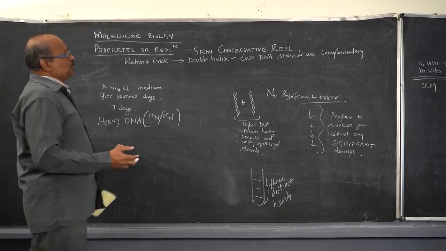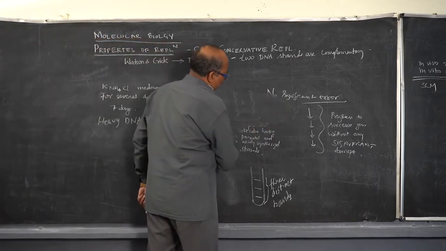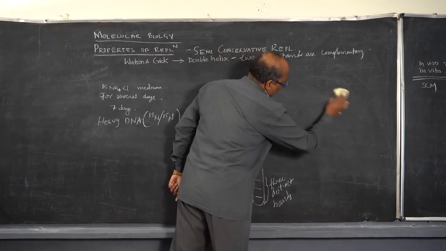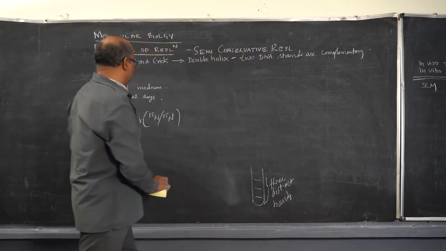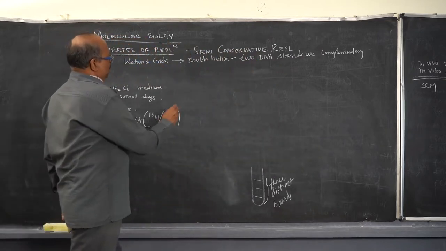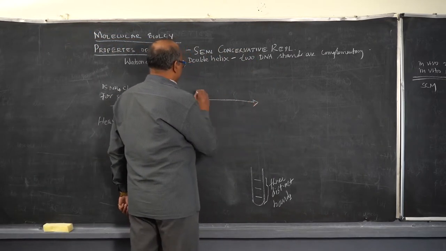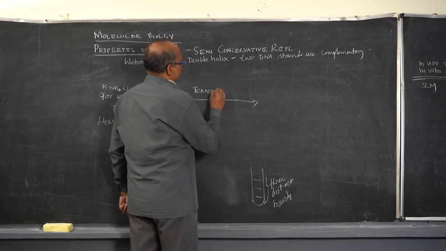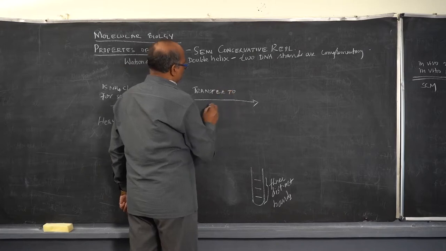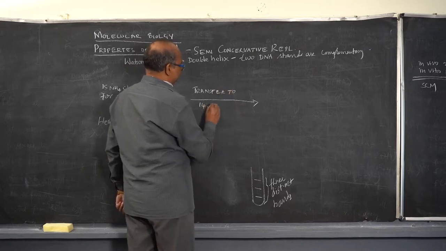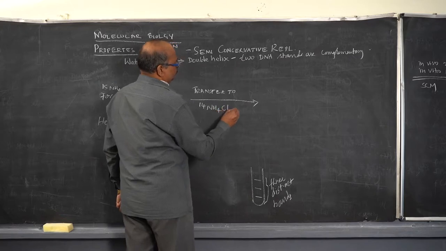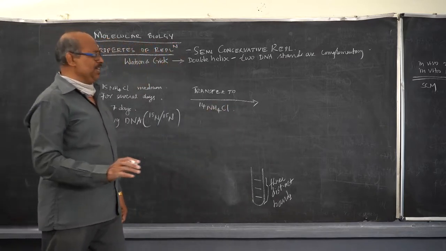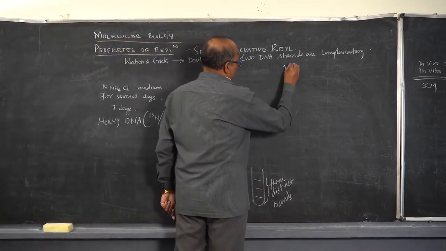After this, you transfer to a light nitrogen medium to see what happens in terms of the nitrogen accumulation. So transfer to the lighter nitrogen medium. After transferring, you wait for 40 minutes. So one generation is completed.